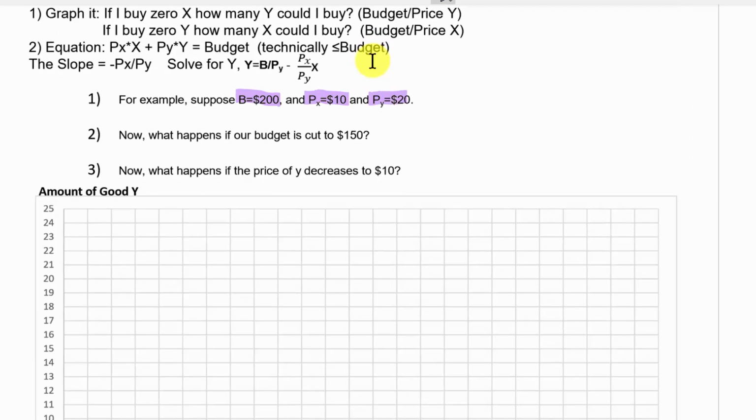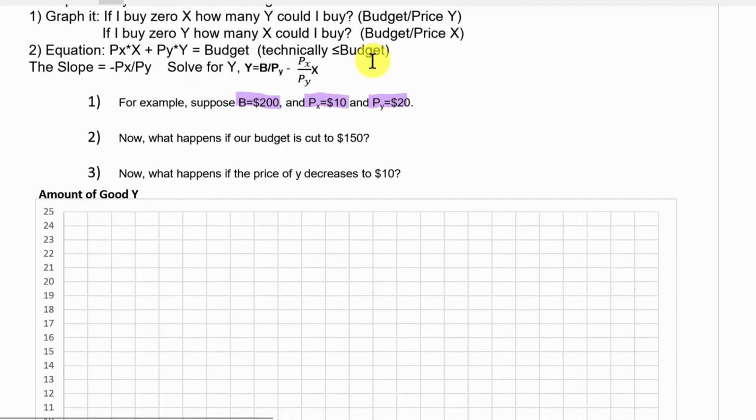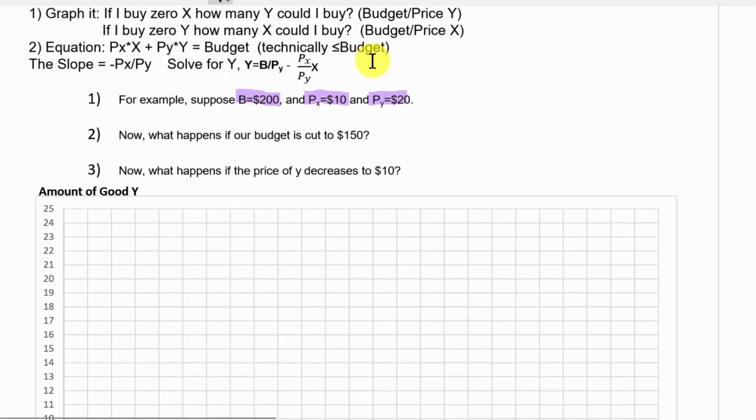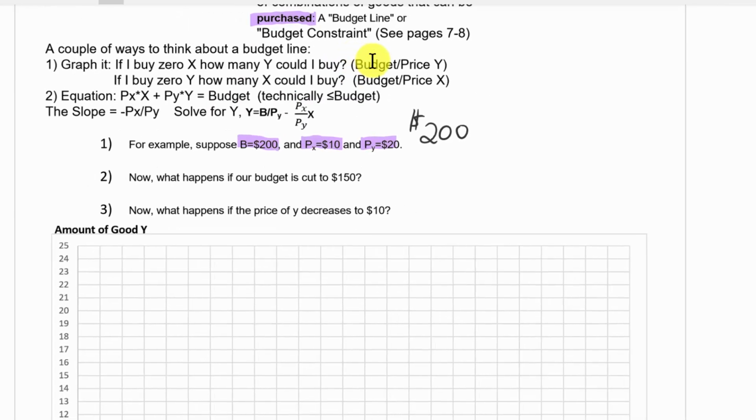We want to ask ourselves these two questions. First, if I had $200 and I wanted to spend all my money on good Y, so that's this first question here. If we bought no X's, how many Y's could we buy? The calculation we want to do is to take our budget, that $200, and divide it by the price of good Y, which we said here was $20.